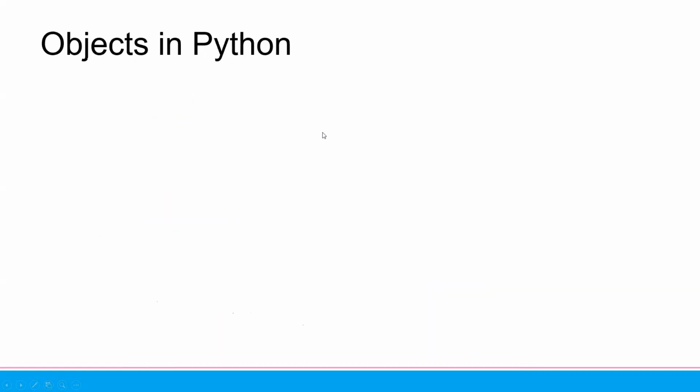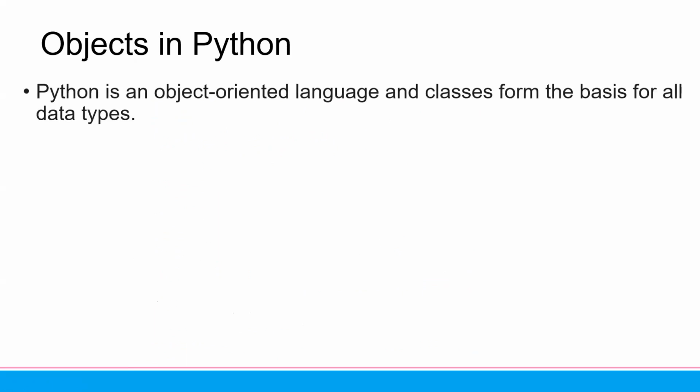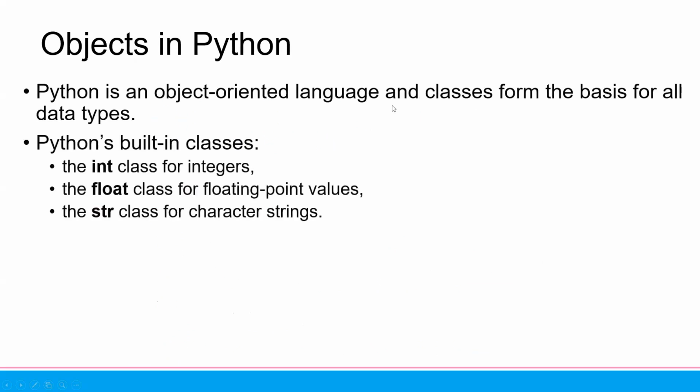First, we need to understand objects in Python. If you learn computer programming, you will know that most of the programming languages are object-oriented languages. And classes form the basis for all data types. Python has three built-in classes. The first is int, integer.